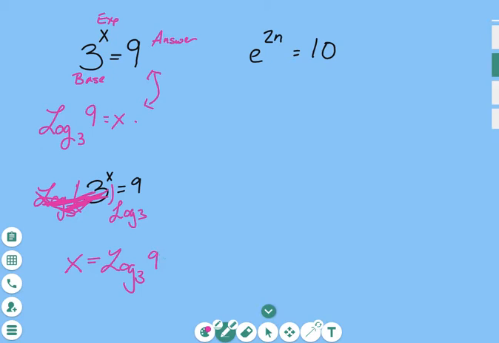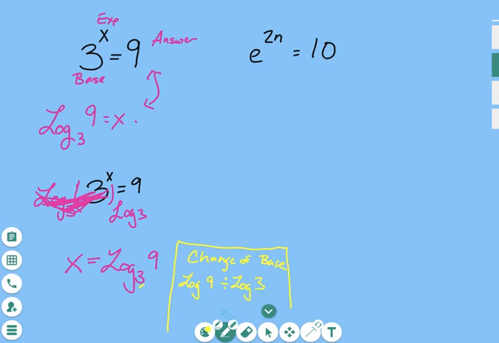So a little sidebar for us here is something called the change of base rule. Whenever you have a base that's not a 10, and your calculator may or may not be able to handle that, mine is not, the way to get an actual number here, a decimal answer, or an integer if we're lucky, is you take log of the large number, so in this case 9, divided by log of your base.